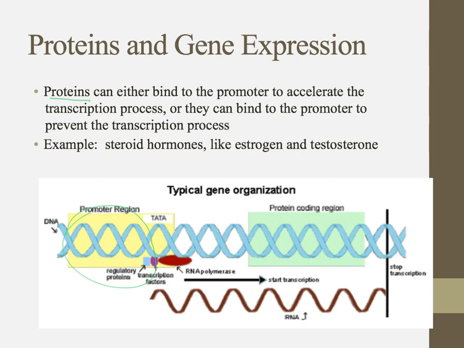If we attach a protein to this promoter region that is a blocker, then it's going to block that transcription process. Even if RNA polymerase recognizes this as a promoter region, it won't be able to carry out that transcription.